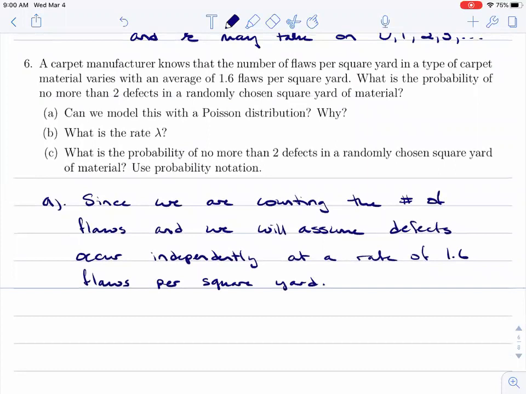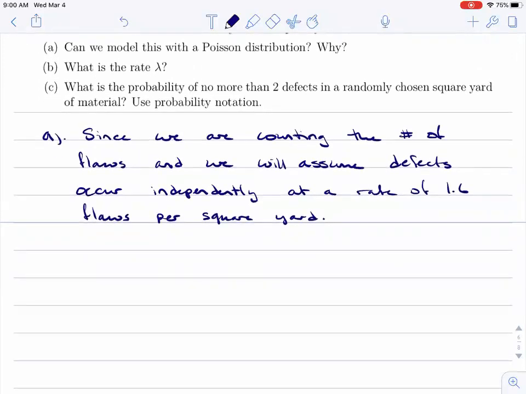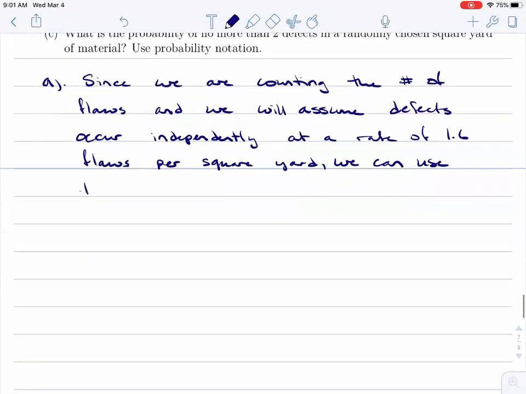Because what we said for a Poisson is we need to be counting stuff. What we're counting has to be independent of everything else, and we need to know the rate that these counts are going to happen at. So since we're counting the number of flaws and we will assume defects occur independently at a rate of 1.6 flaws per square yard, we can use the Poisson distribution.